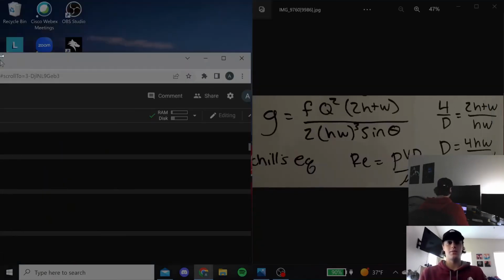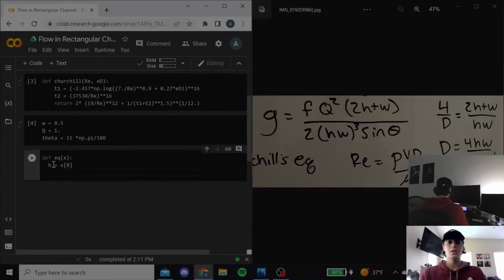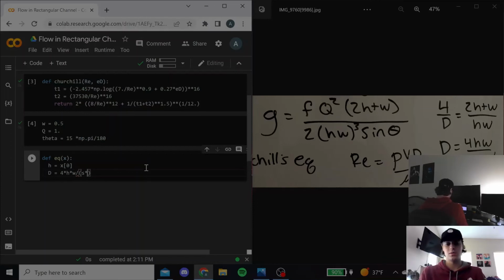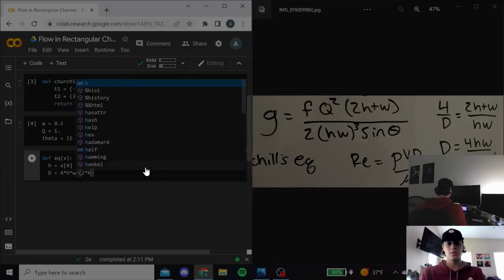Now we just need to code out a couple of equations. I'm going to start with coding out the diameter, which is this bottom right-hand equation here. So d is going to be equal to 4 times the height times the width of our channel divided by 2 times the height plus the width.